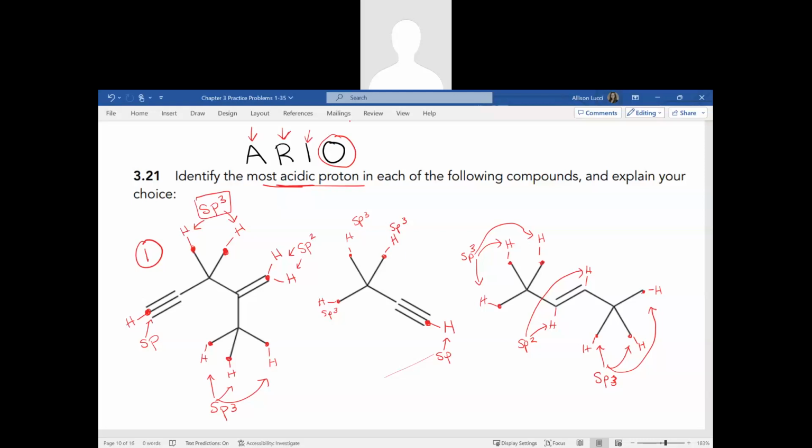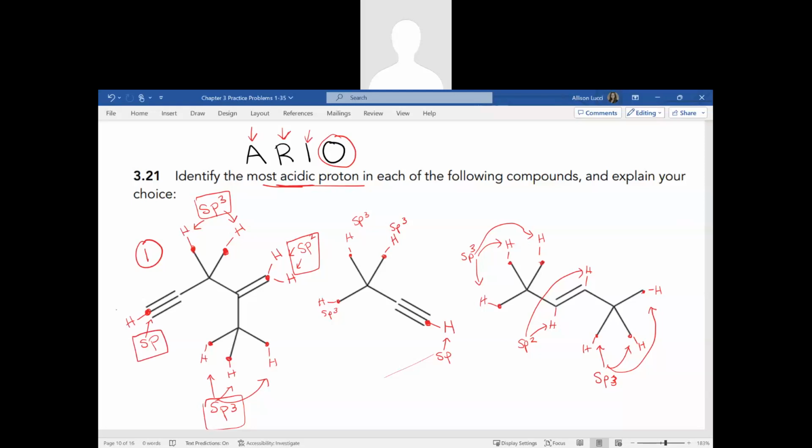Then we have, again, below, 3 more protons. Really, we know there would be 9 down here, all equivalent. That would be sp3 hybridized. Then to the right, we have these sp2 hybridized hydrogens, protons. And then we have this one over here on the end of this triple bond, that would be sp hybridized.